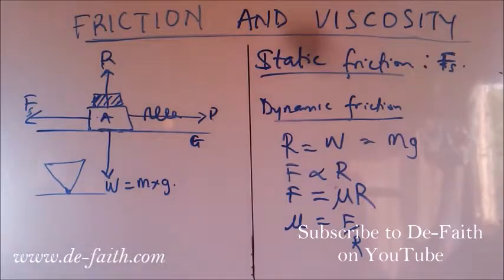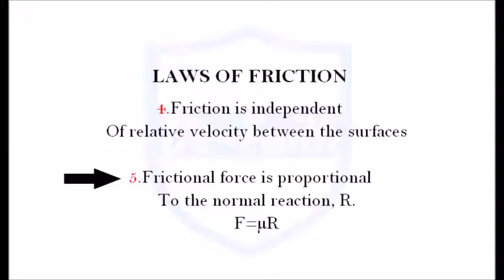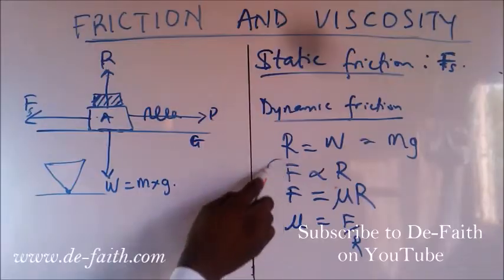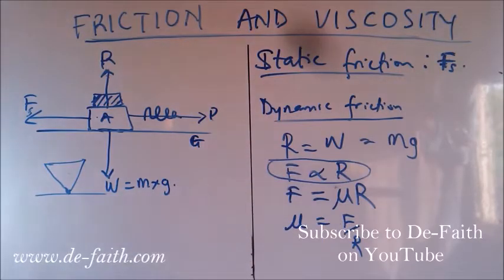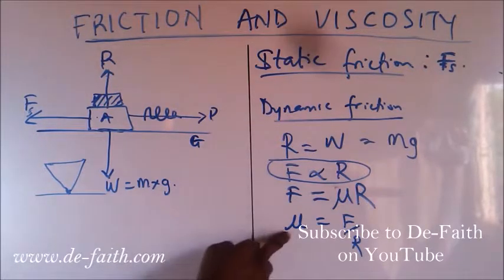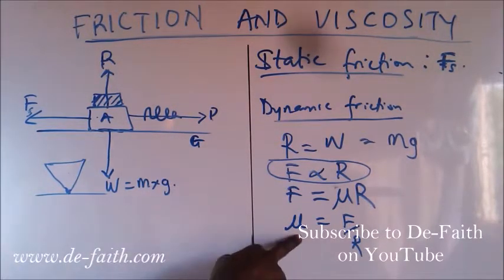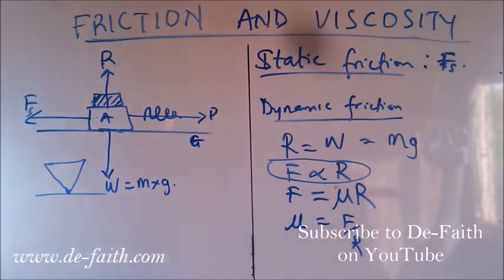So frictional force is independent of that, and also we have that frictional force is proportional to the normal reaction. So we have this equation. Then we have that the coefficient of static friction is equal to frictional force over the normal reaction.